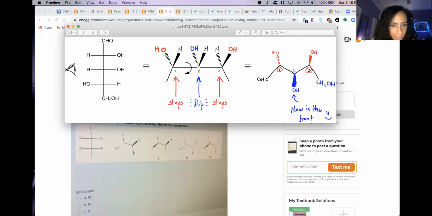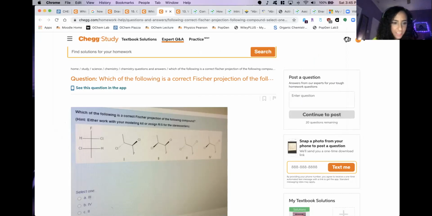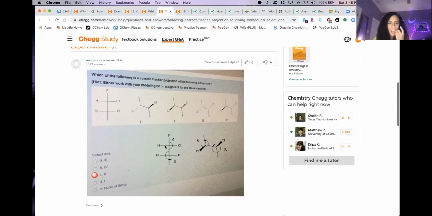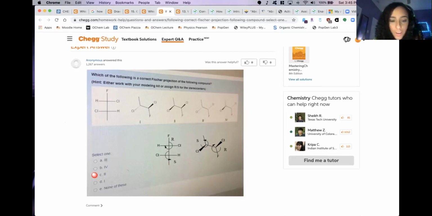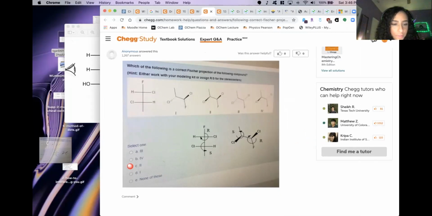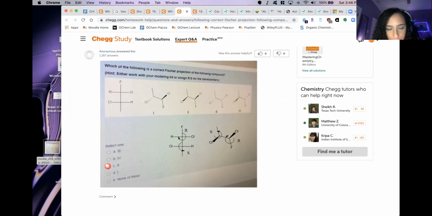Yeah, let's just go through. Let's look at 3 and see first. Let's see, F. So it looks like it's dotted. Yeah, that Cl is dotted too.